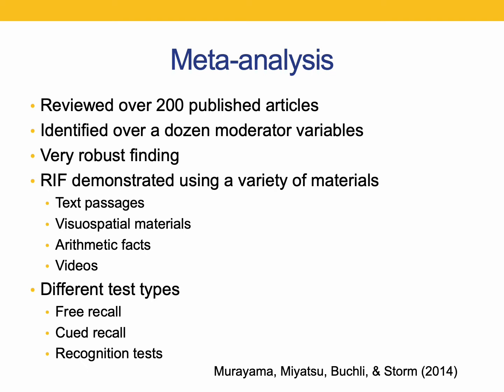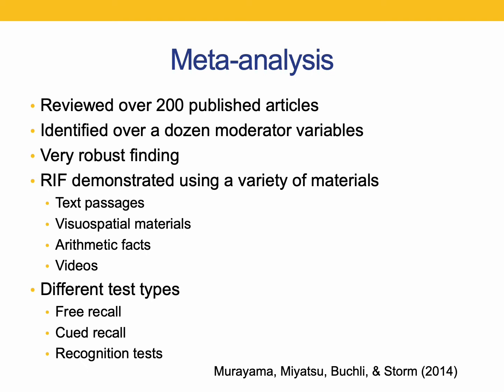So in our study, we looked at 200 published articles on retrieval-induced forgetting, and we found that it was a very, very consistent and robust finding. And it's been demonstrated with a lot of different materials.